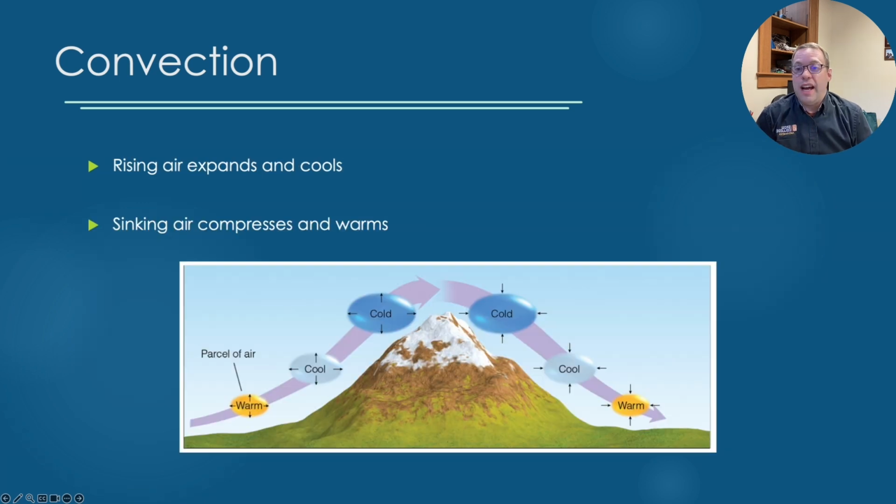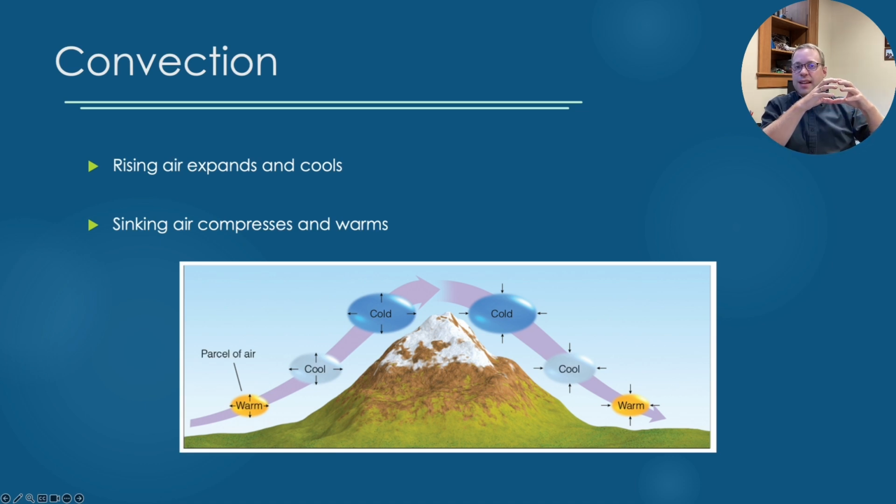All right, now another aspect of convection that we need to look at, this is huge because we're going to see this all over the place. When air rises, two things happen. First of all, as that thermal rises, it's now under less pressure, right? Because higher up in altitude, you have less pressure.